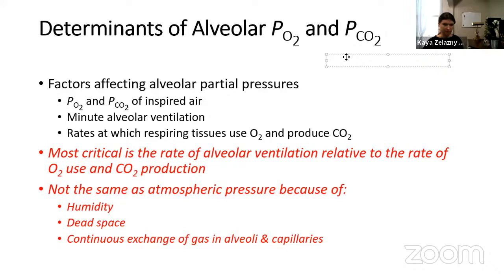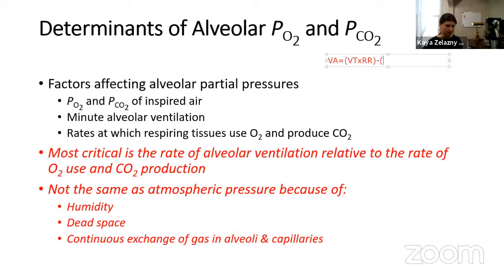And so our equation for minute alveolar ventilation, I'm going to put ventilation A for alveoli, remember, is our tidal volume, VT, times our respiration rate, so how many breaths we're breathing in a minute. So this first quantity is our minute ventilation, but we want our minute alveolar ventilation, which is a little more specific.